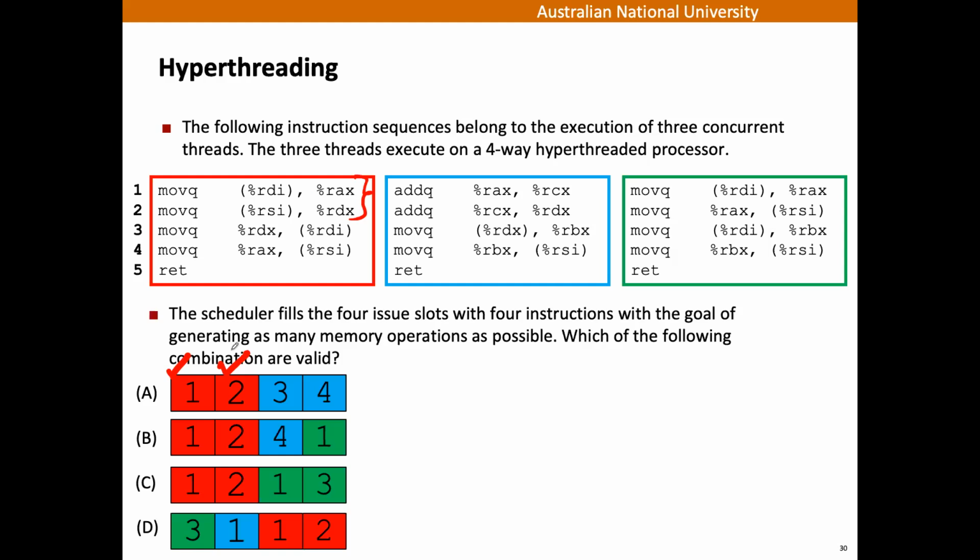So instead of wasting an issue slot, we go to the blue thread and we take this instruction. And we take this instruction. Is this a valid combination of instructions or no? No. In an attempt to be aggressive, the processor has done something really wrong.